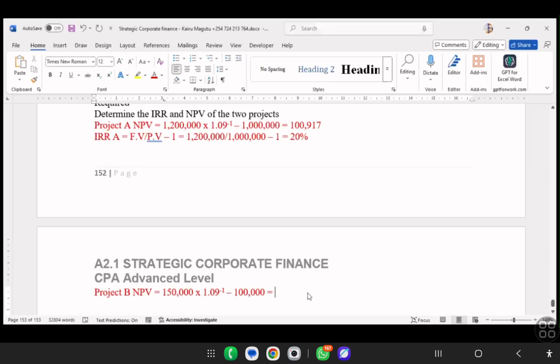That's what I see. IRR for B is equal to the future value 150 divided by 100, minus 1. This is 50%.